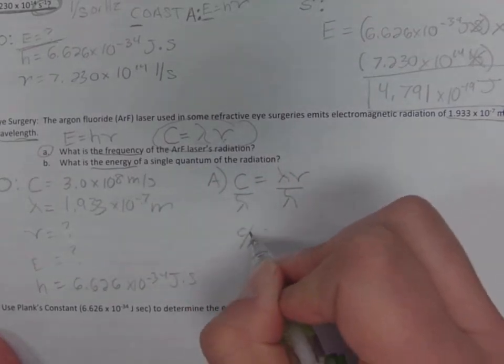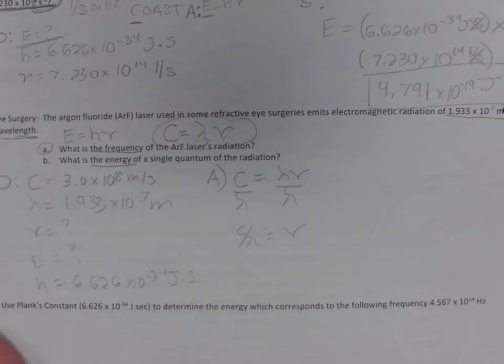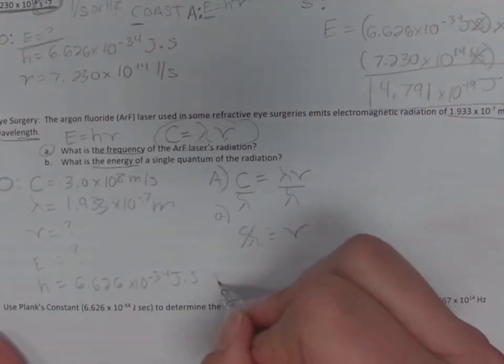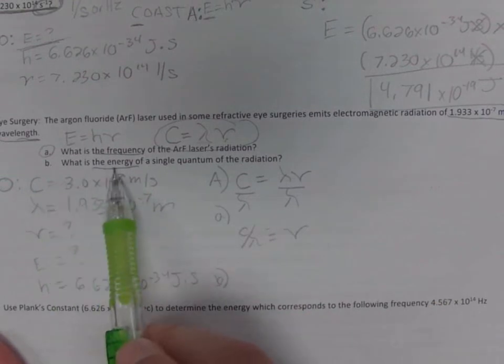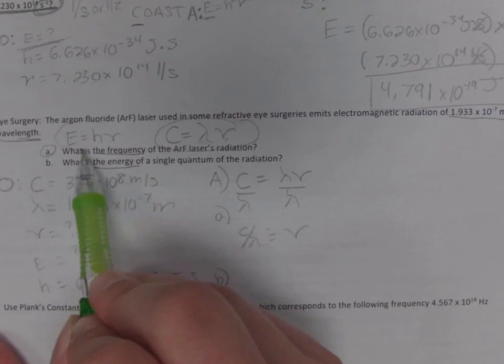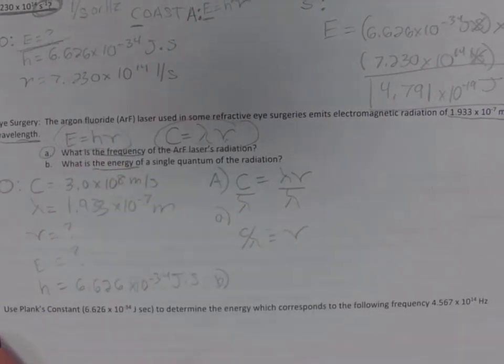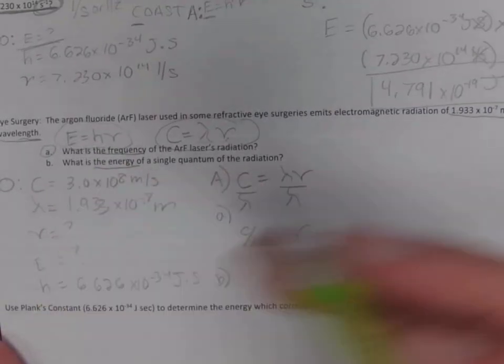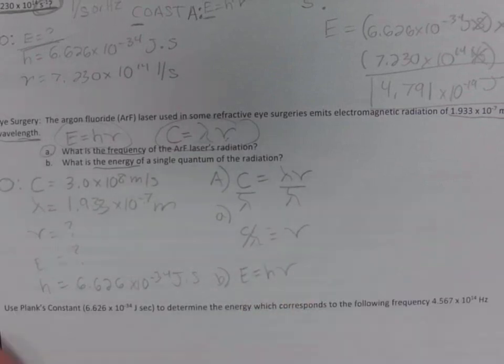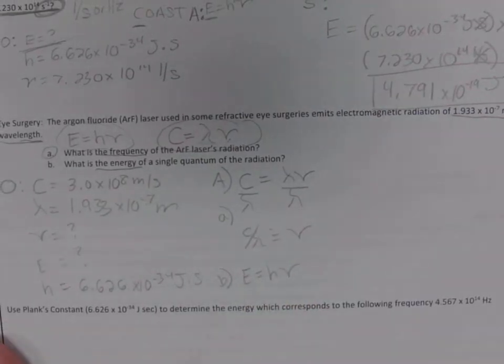So c over wavelength equals frequency. Okay, so that would be part A. Part B, it's asking us to find the energy. Well, after we find the frequency, would we need to rewrite this equation to find energy? No, because it's already solved for energy.